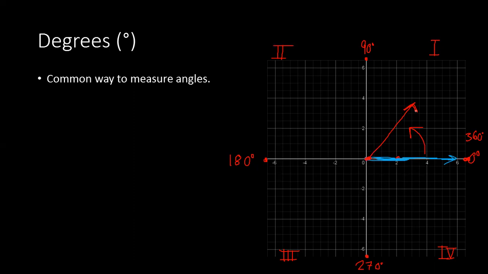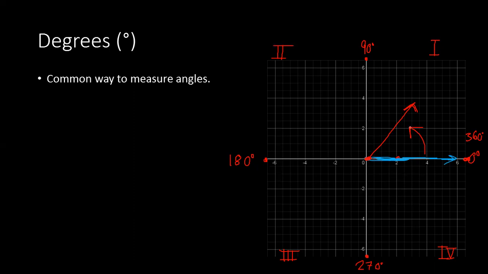What would be the range of angles in the first quadrant? Angles in the first quadrant are greater than 0 degrees but less than 90 degrees.